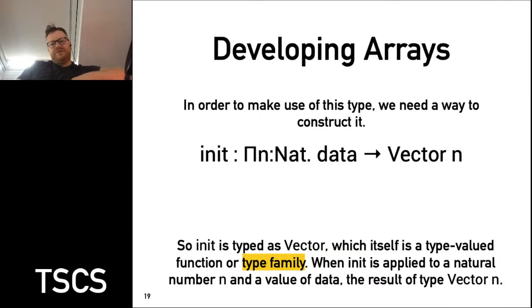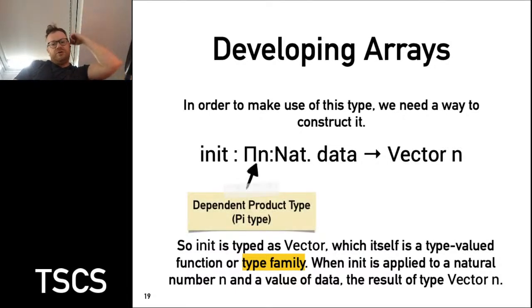To make use of this type, we need a way to construct it. And this is the way to do this. I will walk you through this syntax in a second. So init is typed as a vector, which is itself a type-valued function, or a so-called type family. In order to construct this, we need a so-called dependent product type.